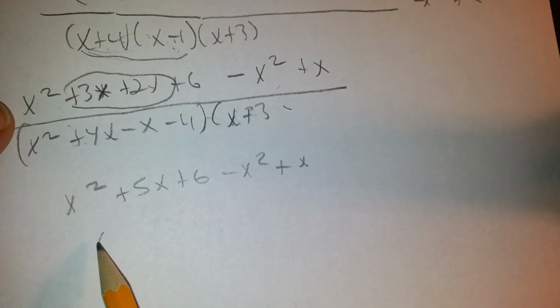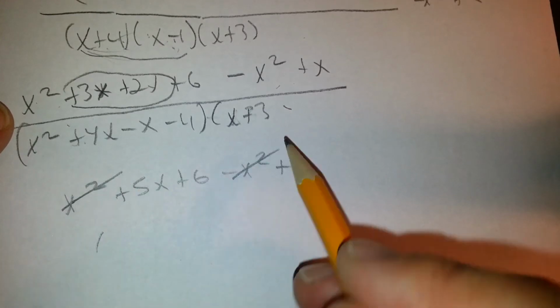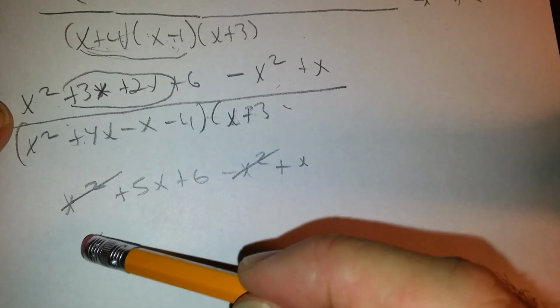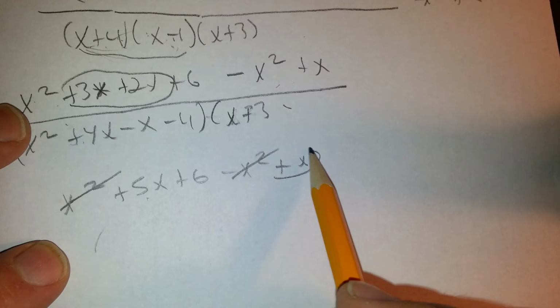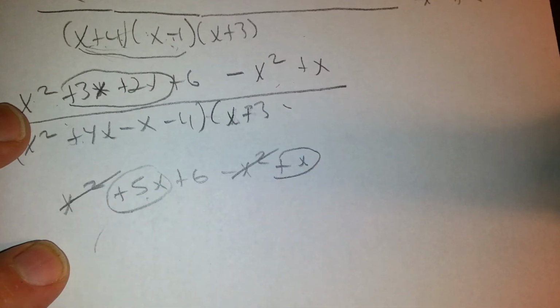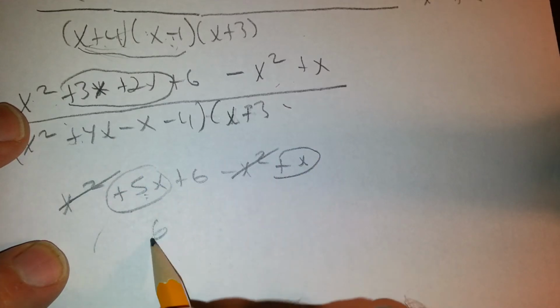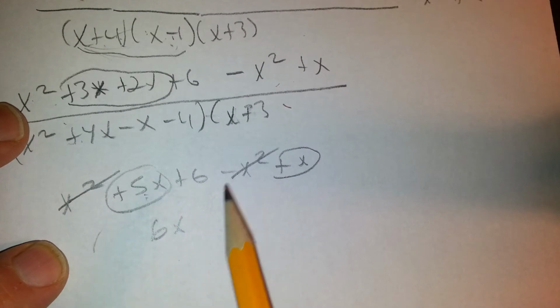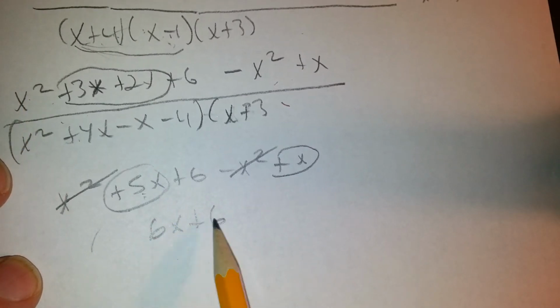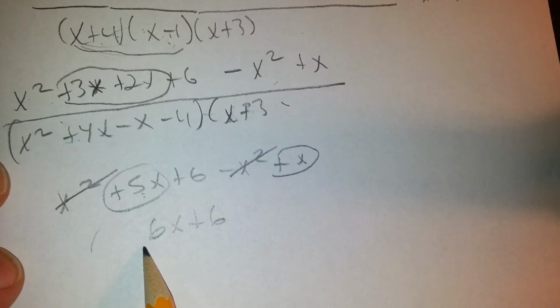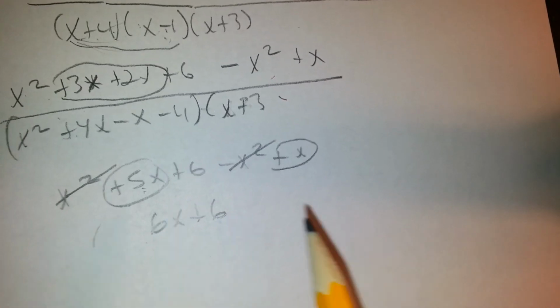I've got x squared and minus x squared. Cancel out, okay? I've got 5x and a plus x, okay? 5x plus x, that's 6x, and I've got plus 6. Okay, and that can factor out. Notice 6 is common, but we'll look at that later. All right, so there's my numerator, okay?